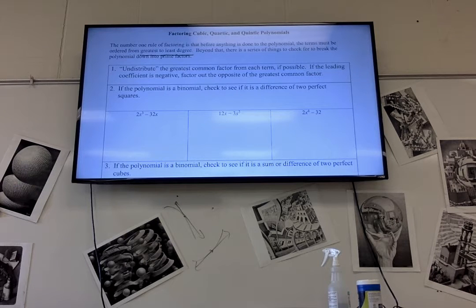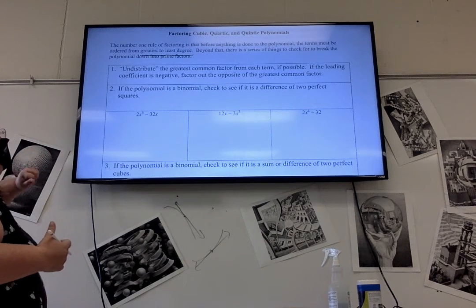That means the exponents, the little numbers. If you put them in order from the biggest to the smallest, it makes it easier because that's the way all the rules are set up, and it makes it easier to identify which one's which. Number 1, you've heard it called factoring out the greatest common factor.